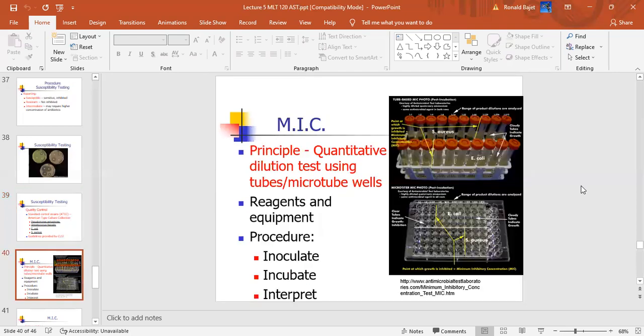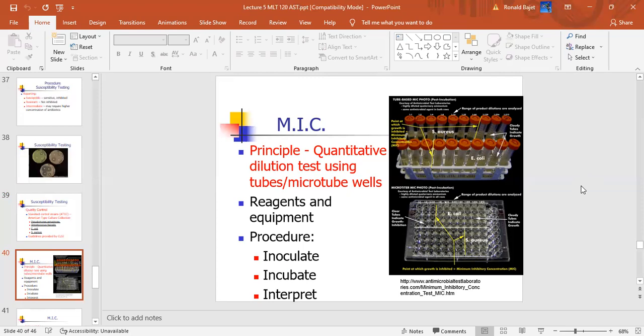MIC, that's minimal inhibitory concentration, qualitative dilution testing. Those are the plates I was talking about. You get these plates from the company, and in these wells you already have diluted antibiotic. You make your 0.5 McFarland standard, you put that into the machine, and it will aliquot from that tube into the wells.